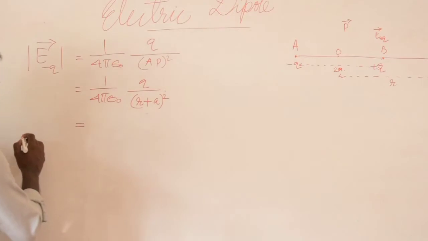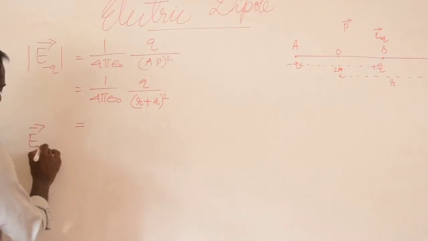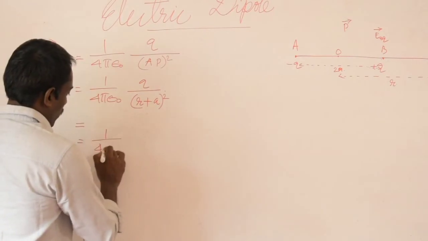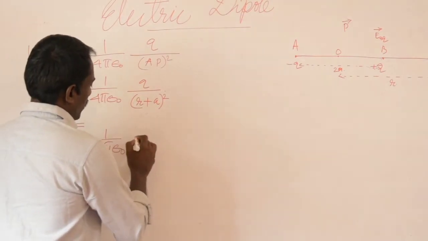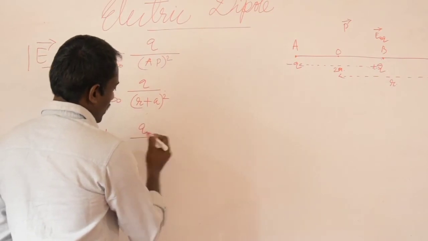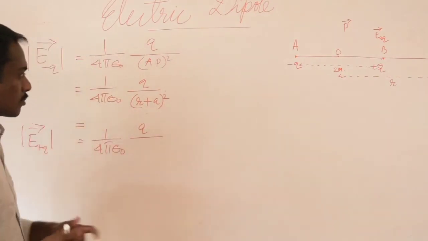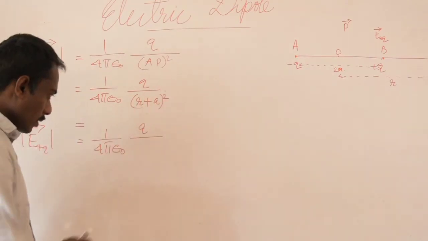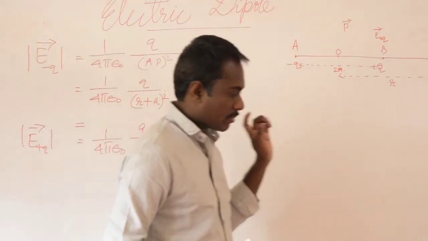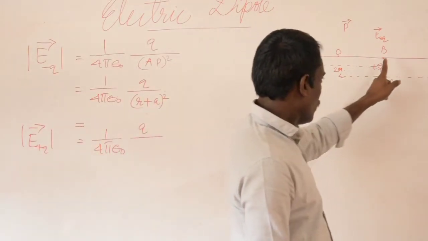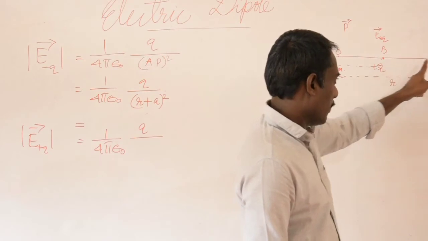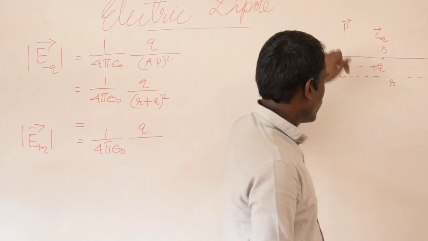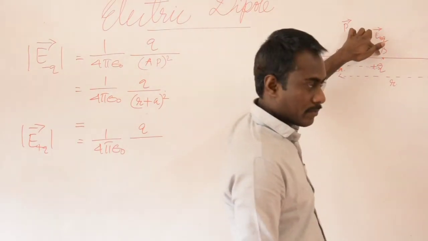So the magnitude of the electric field produced by the positive charge is equal to 1 by 4 pi epsilon 0 into Q. Here the charge is Q, the same charge, since both are equal in magnitude but opposite. Q divided by the distance between the positive charge and P, that is R. O to B is A, that is half of 2A.